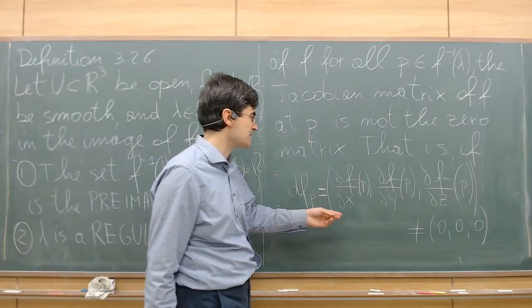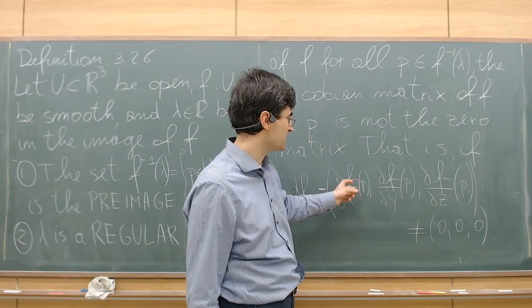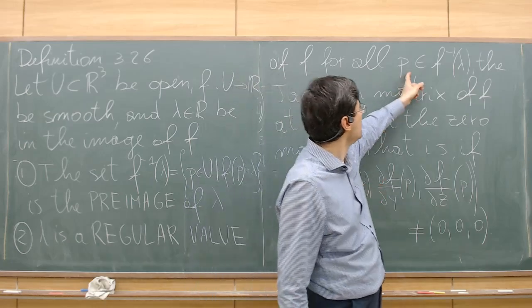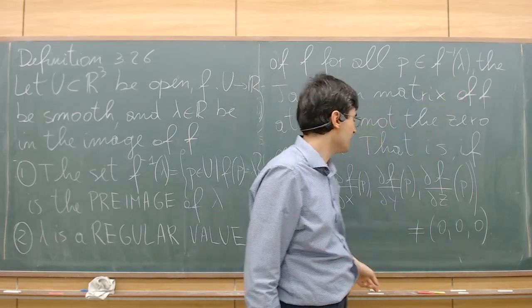This says that the gradient of F at p for each p in the preimage of lambda must be non-zero.